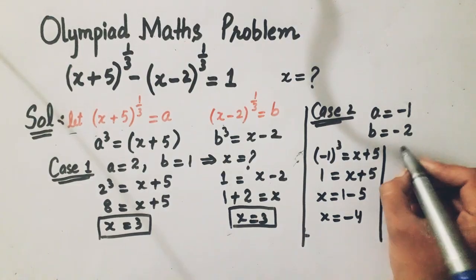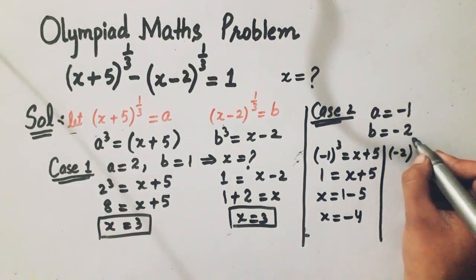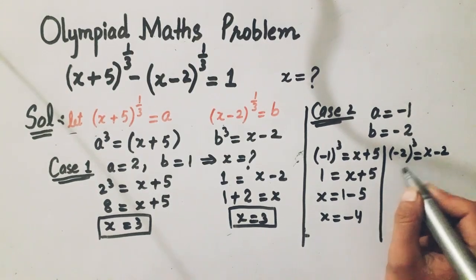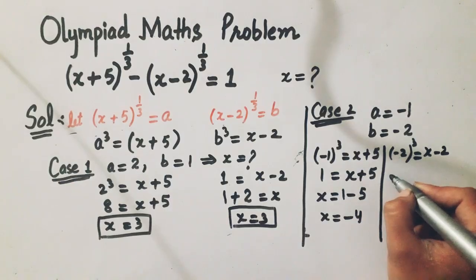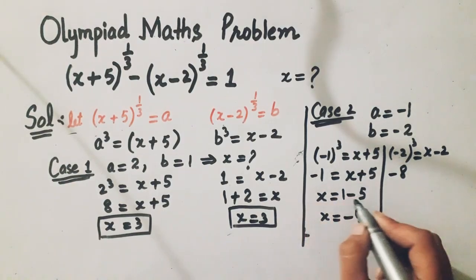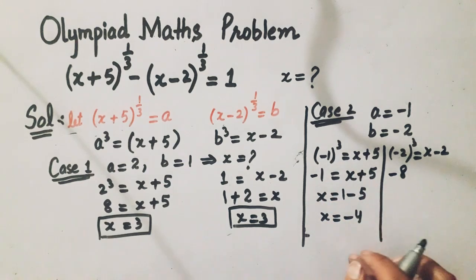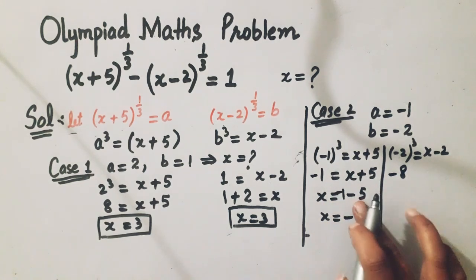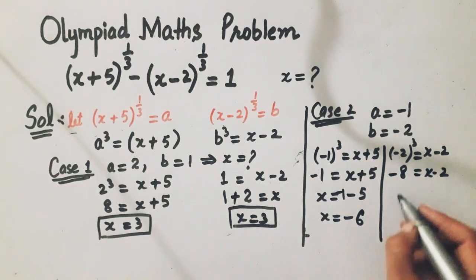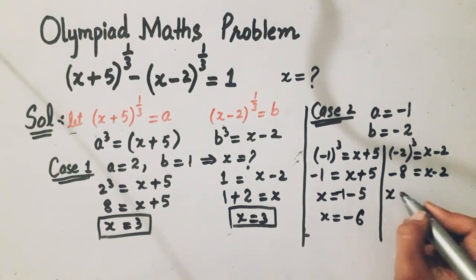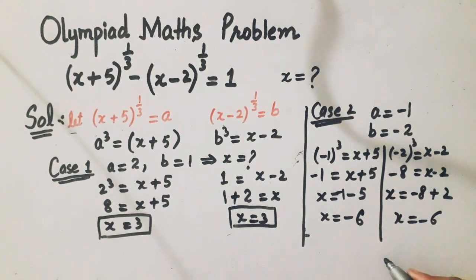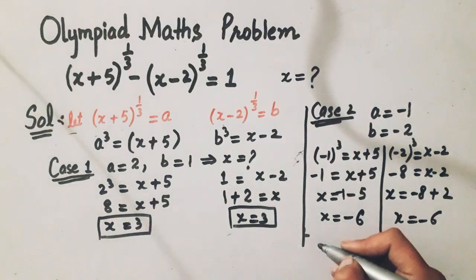And for the other one, minus 2 cube equals x minus 2. So minus 2 cube will be minus 8. So minus 8 equals x minus 2. So you have to find the value of x. Minus 8 plus 2, that means x equals minus 6. So these are the two values of x.